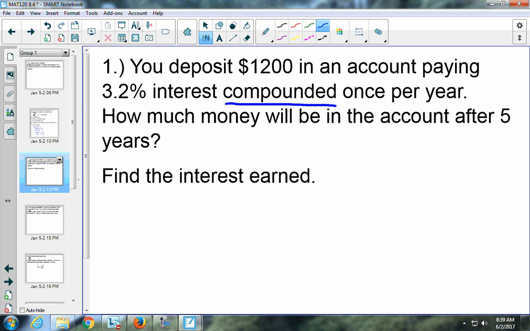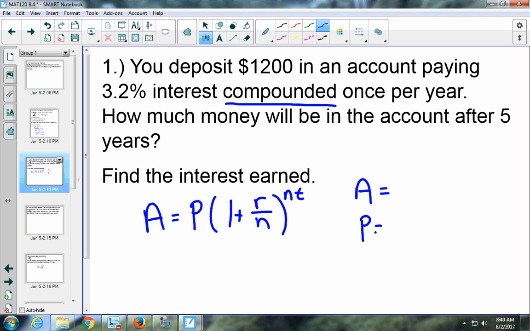Just like I did with simple interest, I'm going to write out that formula so it's very clear what I'm plugging all of my numbers into. And just like I did before, I'm going to list out each variable, and as I read the problem, fill in what they all equal.